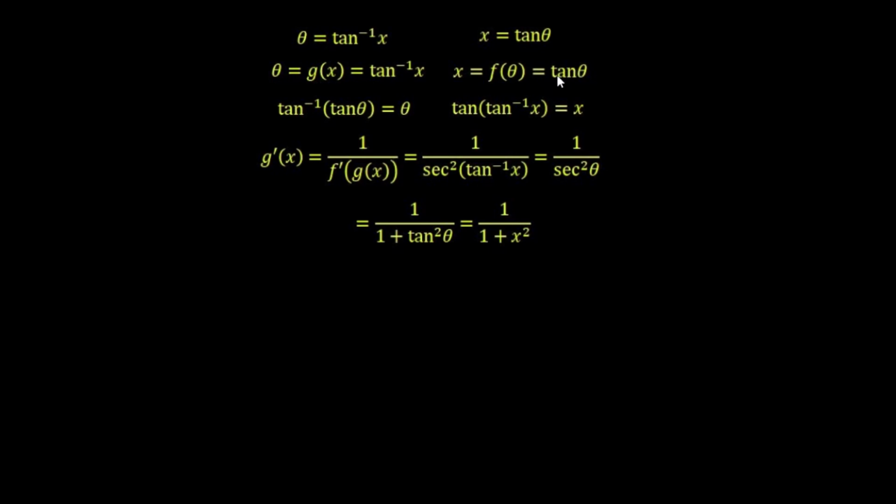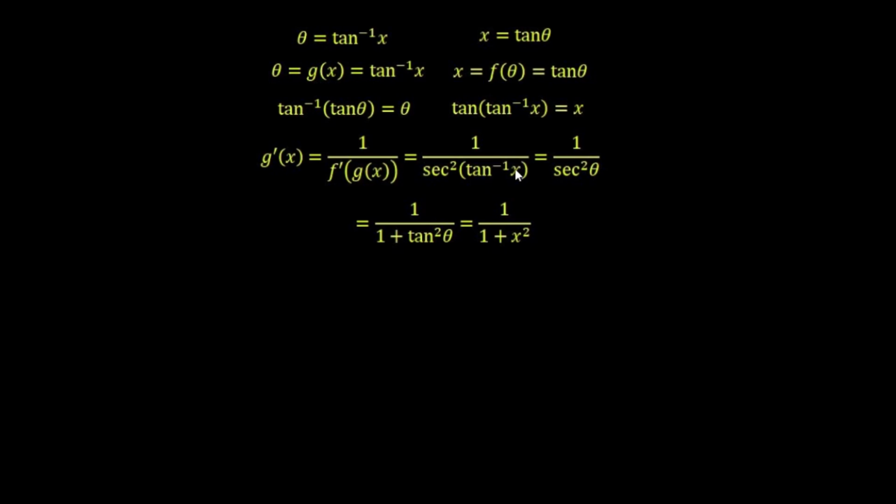So the derivative of tan is sec squared. And the value for our g of x is equal to the inverse tan. So that's sec squared inverse tan of x. Of course, before you can do this, you need to be able to differentiate tan theta, which we will look at in a different video.